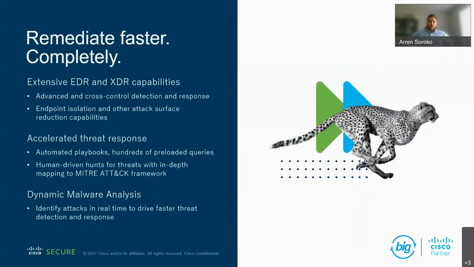So moving on to one of the ultimate goals of Secure Endpoints, which is to help your organization remediate potential compromises quickly and completely, right? One thing that malware is very, very good at is hiding itself and dispersing itself within your network.